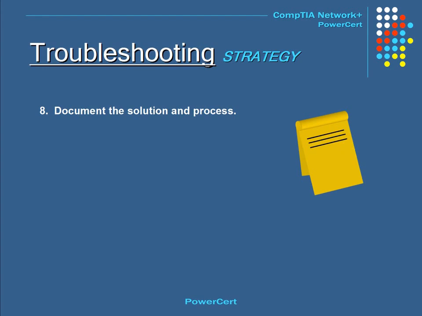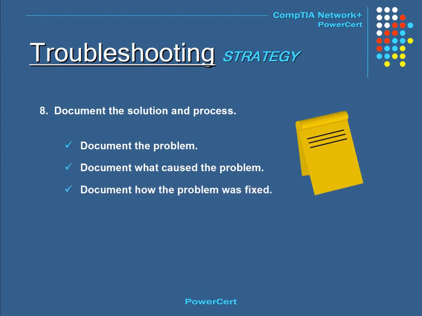So the things to include in the documentation are the problem itself, what actually caused the problem, and how did you fix it. So by following all these steps carefully, you can be assured to diagnose and solve problems effectively as a network administrator.